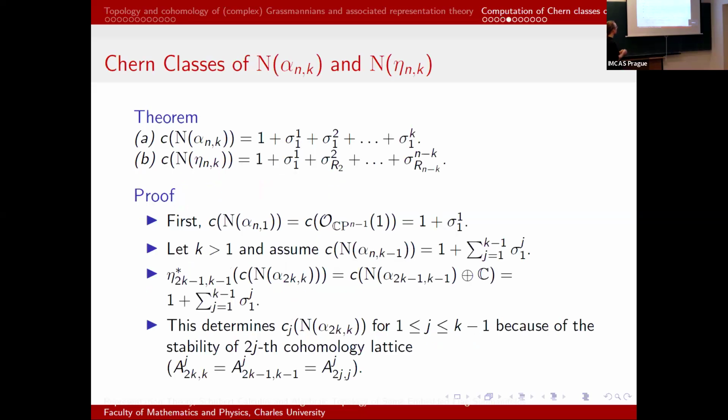Okay. And now, this is the main result of our project: the total Chern classes of the vertical and horizontal normal bundles.